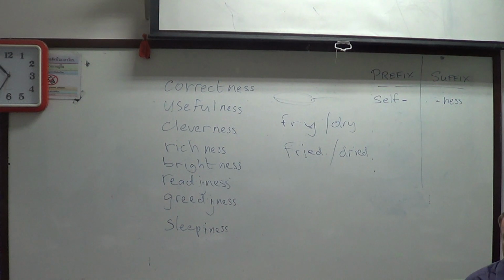Can we say what type of noun? Usually an abstract noun. What's an abstract noun? What is an abstract noun? Do you remember? Something you can't see and cannot touch. But you are feeling.